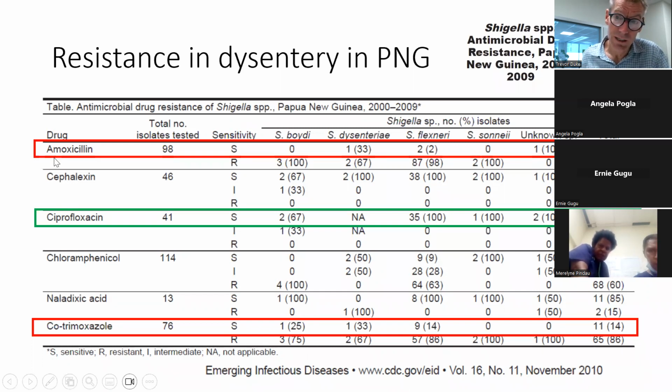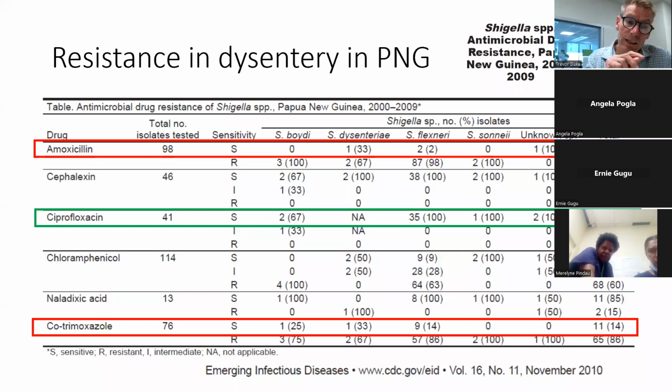So that's why standard treatment has changed. Instead of using cotrimoxazole or amoxicillin, we're recommending ciprofloxacin for dysentery, because that's one antibiotic that will be effective against the Shigella that causes dysentery in children.